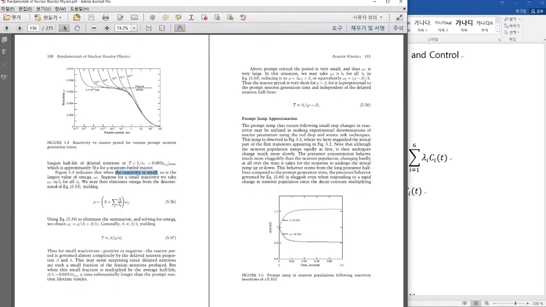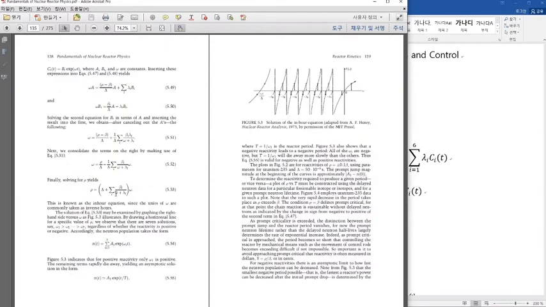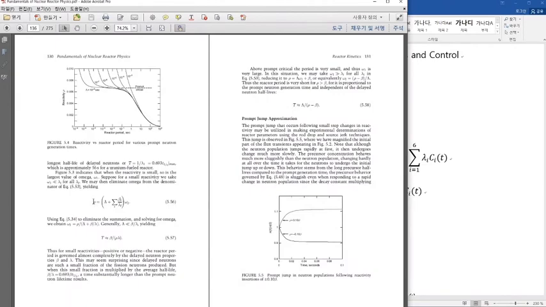So if omega 1 is very small compared to lambda i, then this omega can be ignored. If we ignore the first omega term, this would be the equation for that.